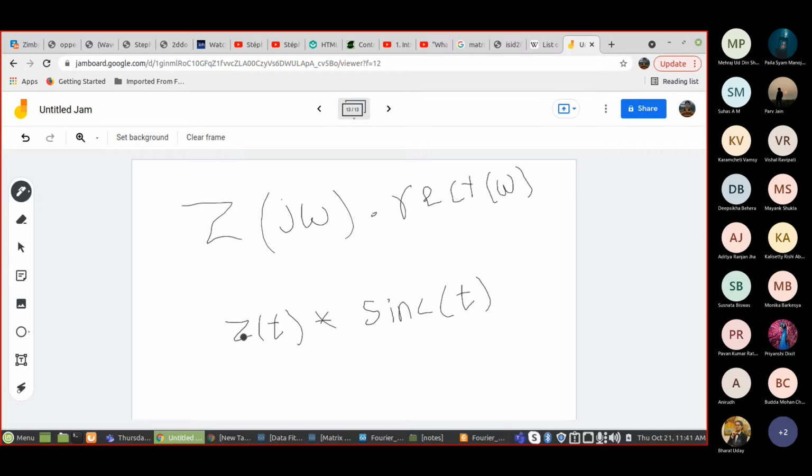So we are convolving z(t) with sinc function to recover x(t). Okay, so I hope this is clear. Yes, sir.